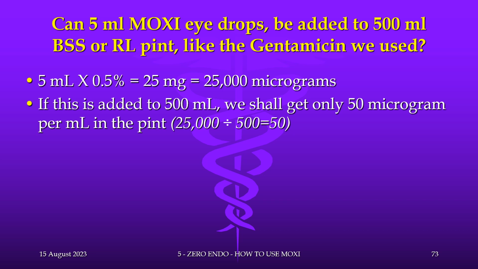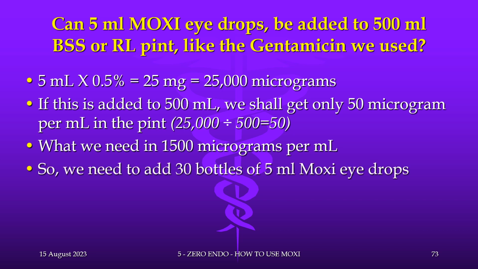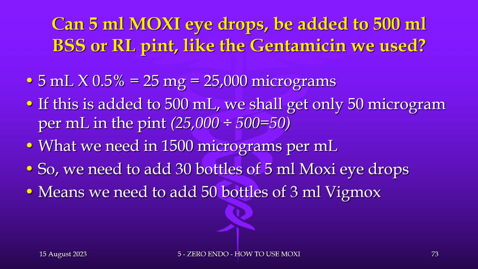If this is added to 500 ml of BSS, we shall get only 50 micrograms per ml in the pint. What we need is 1500 micrograms per ml. So we need to add 30 bottles of 5 ml Moxi eye drops to achieve that concentration, or we need 50 bottles of 3 ml of Vigamox, and this is impractical.